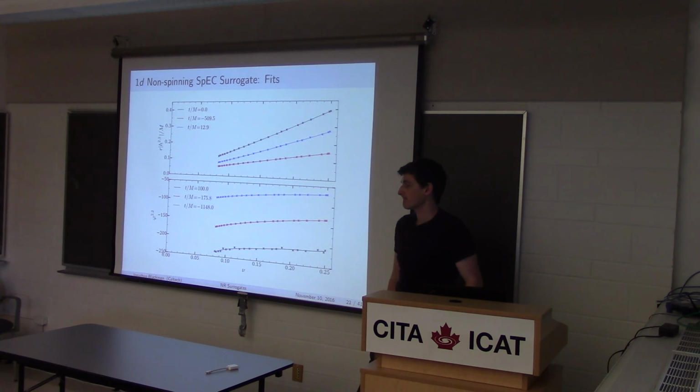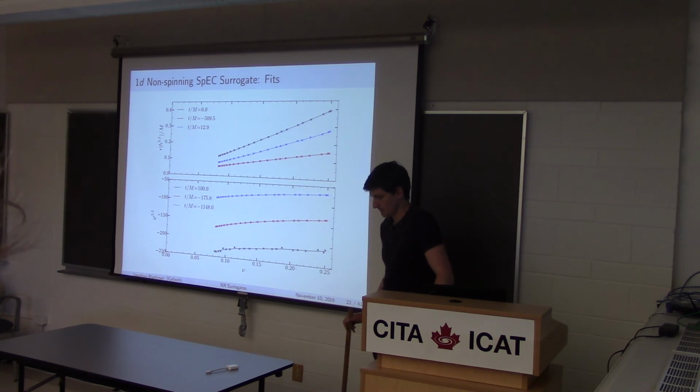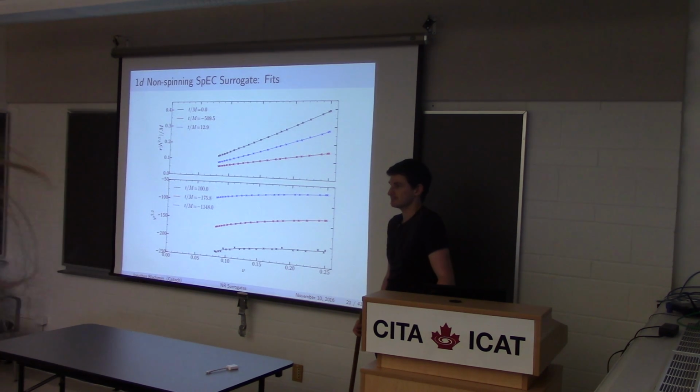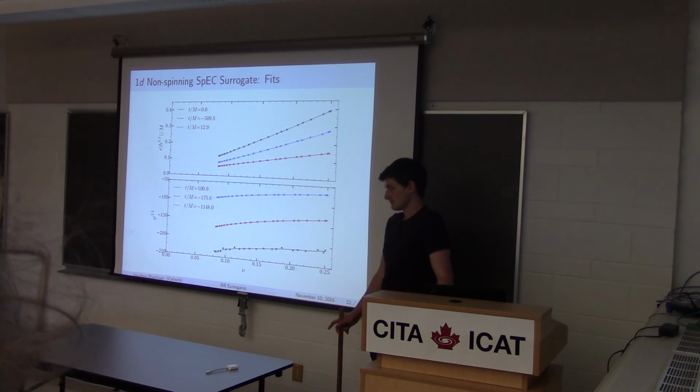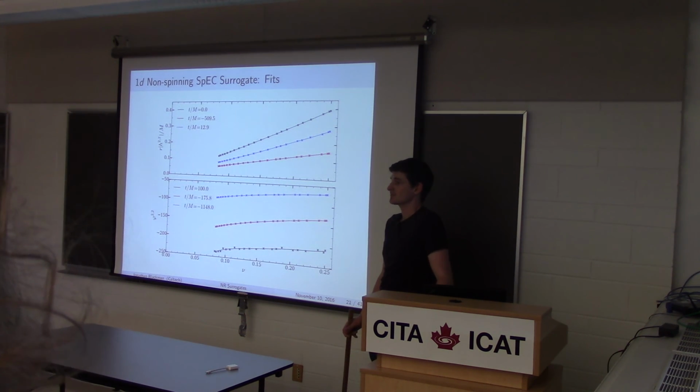I can see why you would want to be more ambitious in extending the mass ratio, but then that's going to cost you a lot, covering more parameter space. So does this bring in considerations of what mass ratios, for example, are likely to be produced in nature and what mass ratios are likely to be detectable?